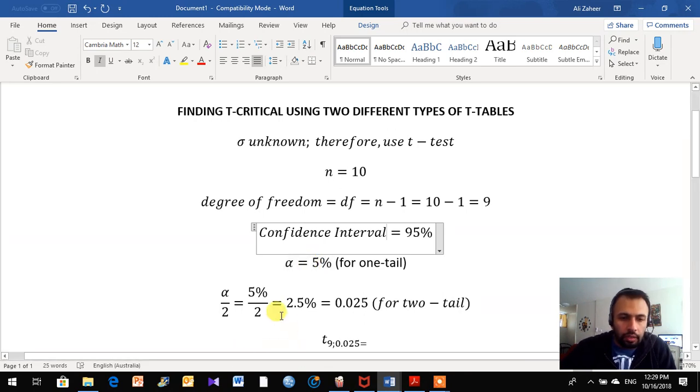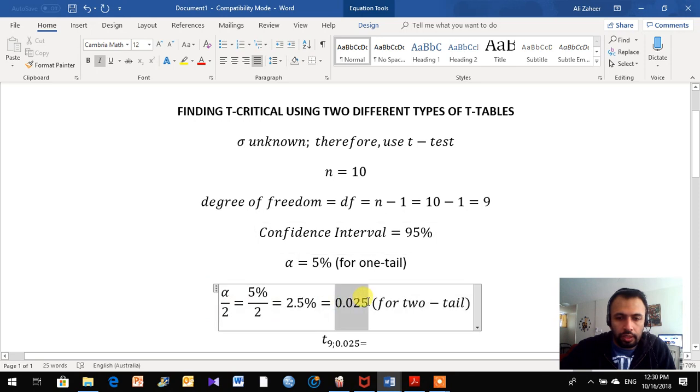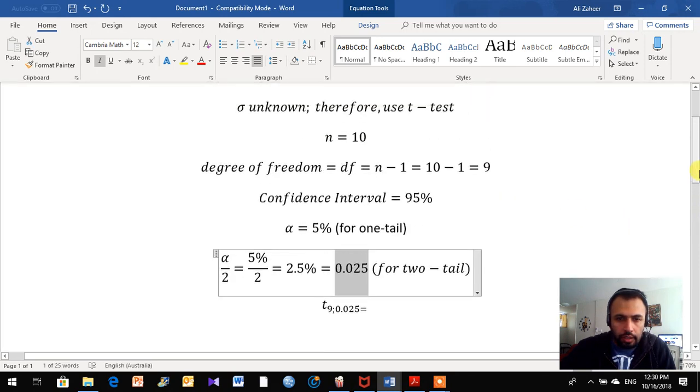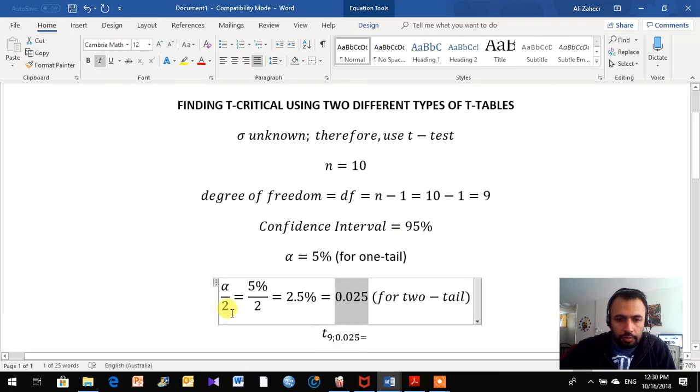So our alpha by 2 value will be equal to 0.025 for two tail. In other words, we are going to find the value of t from 9 degrees of freedom and the alpha by 2 of 0.025. So let's go to the first type of table.